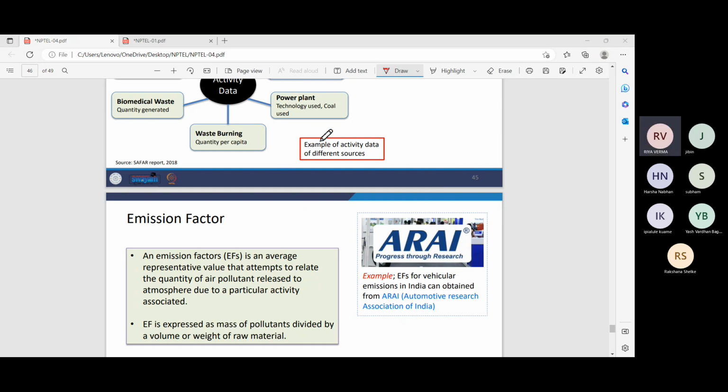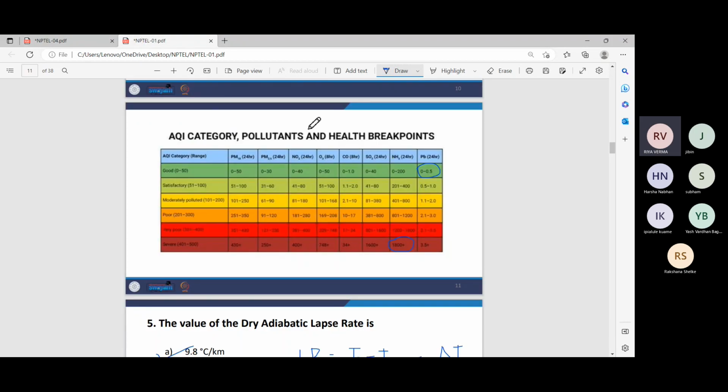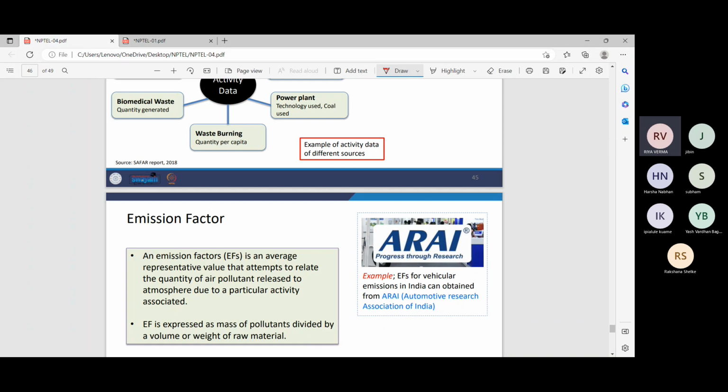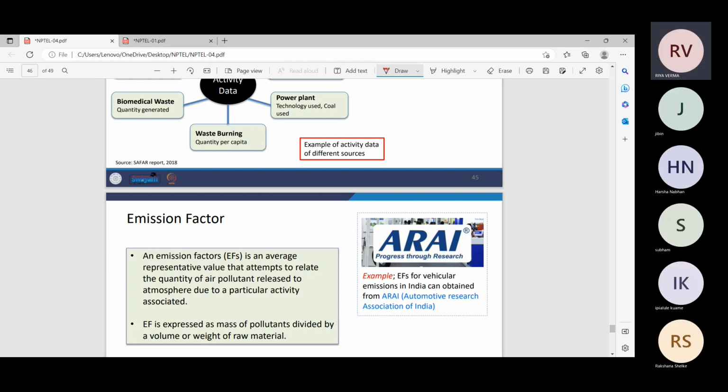Right now, I think there's one model called AERMOD. That also includes, but that is mostly for ambient air concentrations. As far as videos are concerned, I think several are available online, and I don't think that much is needed in this class, because you just have to have a brief idea about all sorts of models, and which model is used for the prediction of which sort of pollutant.